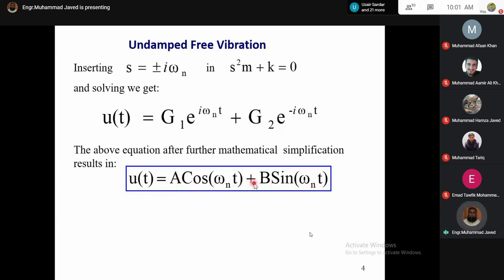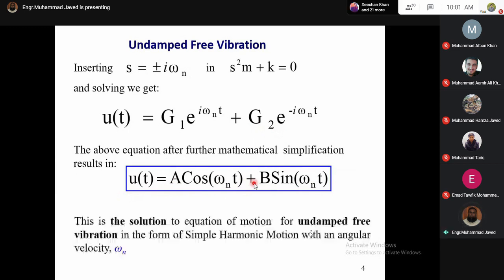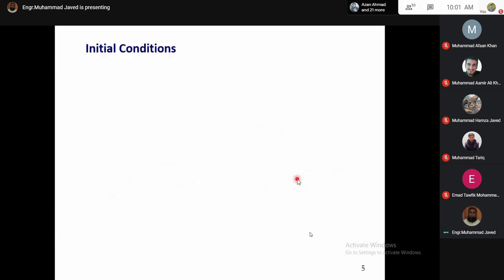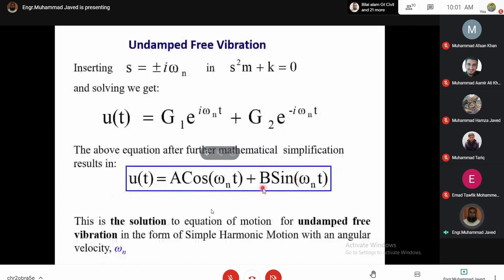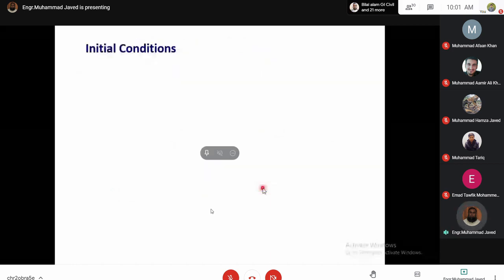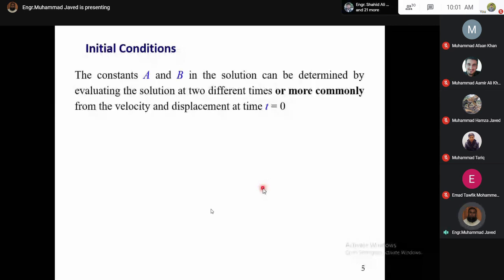Now a and b are mathematical constants which depend upon the initial conditions, and this is the solution to the equation of motion for undamped systems subjected to free vibration. What are initial conditions? Initial conditions in this case are displacement and velocity.